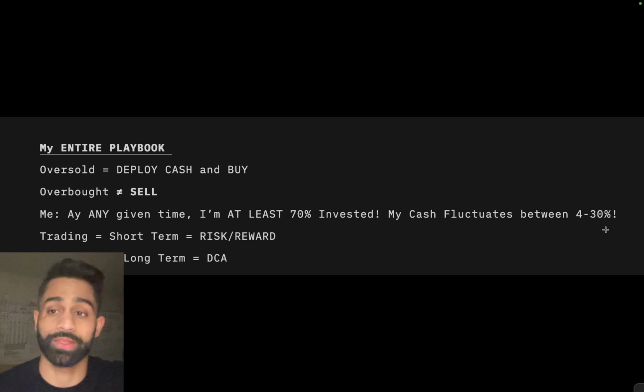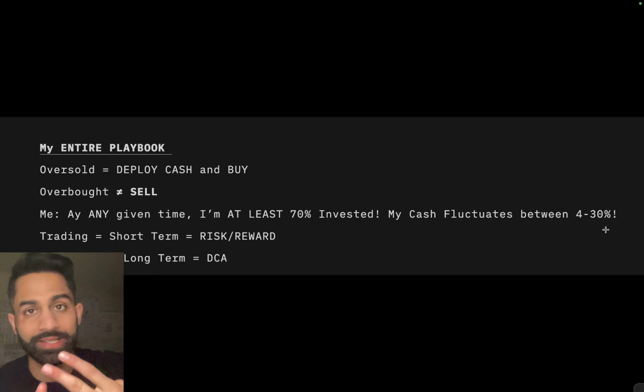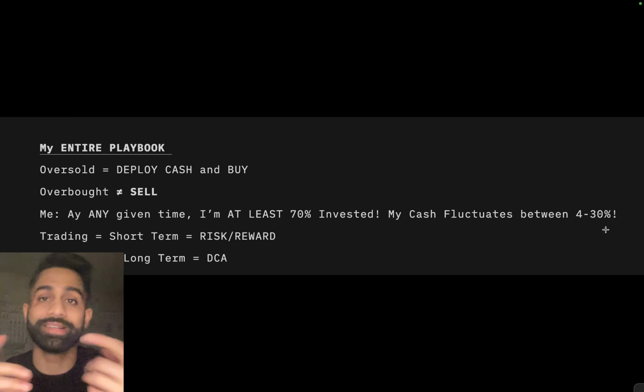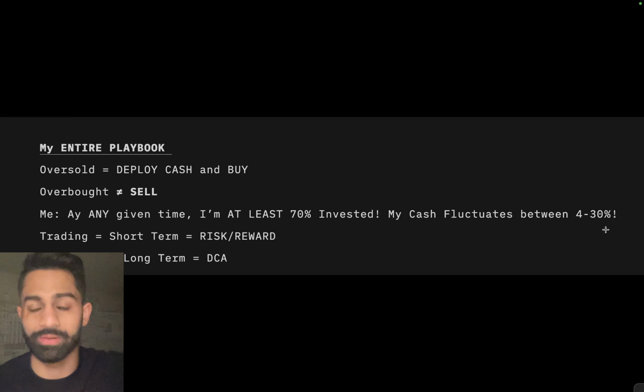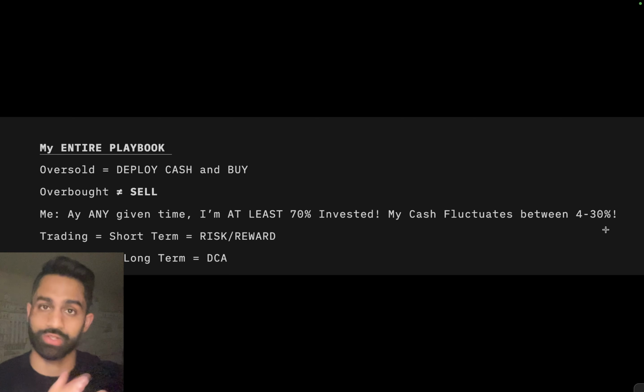If my cash is at 30%, that means I'm invested 70% in the markets, and that would happen when, let's say, the markets have been rallying too hard, they're overbought, they're expensive, there's not a lot of deals out there, I can't find any opportunities, and I'm raising more capital, I'm de-risking from the markets a little bit because of how expensive I think the stocks are or how overvalued the markets might be.